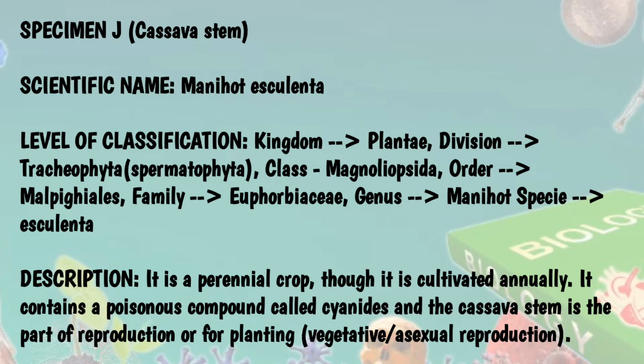That's why it's perennial. But you have to cultivate it annually. Every year, you have to make your ridges, then cut your stem, and then do planting again and again yearly. The stem contains a poisonous compound called cyanide, and the cassava stem is the obvious part for reproduction or planting. That's true vegetative reproduction.